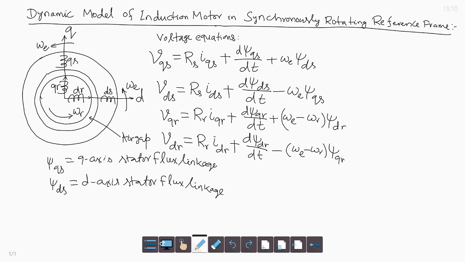So, as I have mentioned here, iqs and ids are the q axis and d axis stator currents.